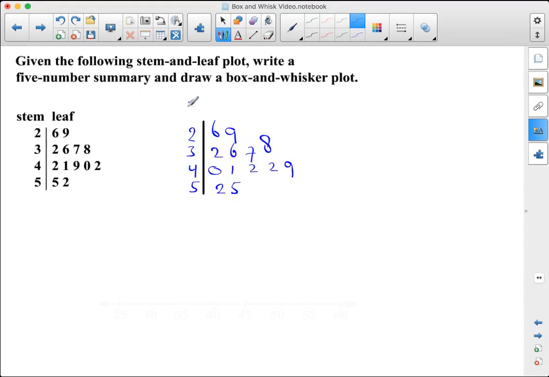So now it's in ascending order. I can easily see that my lowest data value, the minimum data value, is 26. The maximum data value is 55.